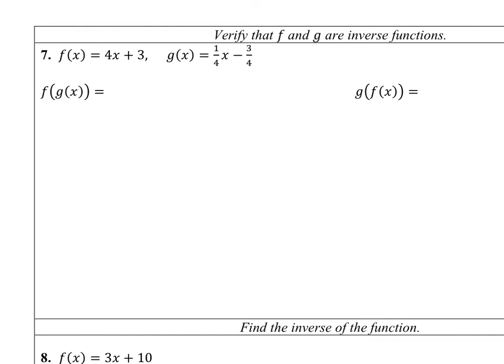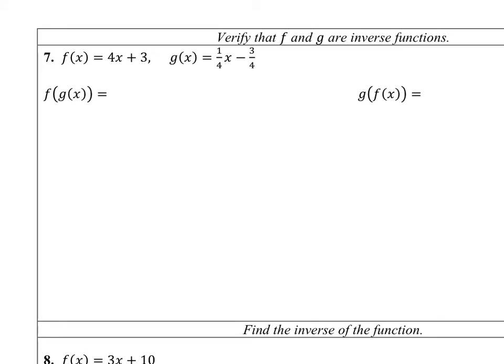Okay, number 7. Got a couple of parts here. We're just going to plug things in. So I'll plug it in here. So we should have 4 times 1/4 x minus 3/4 plus 3. Simplify that.